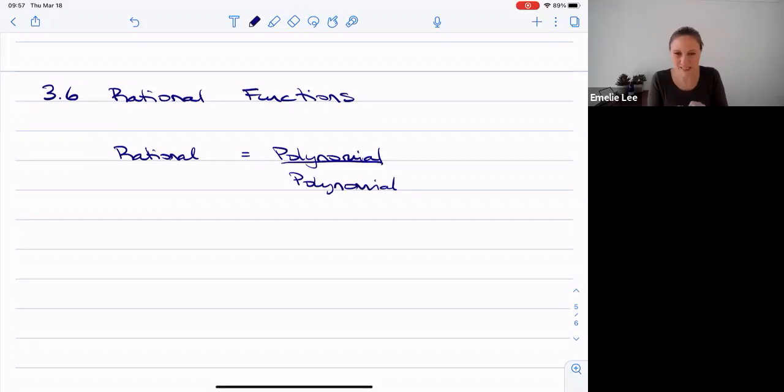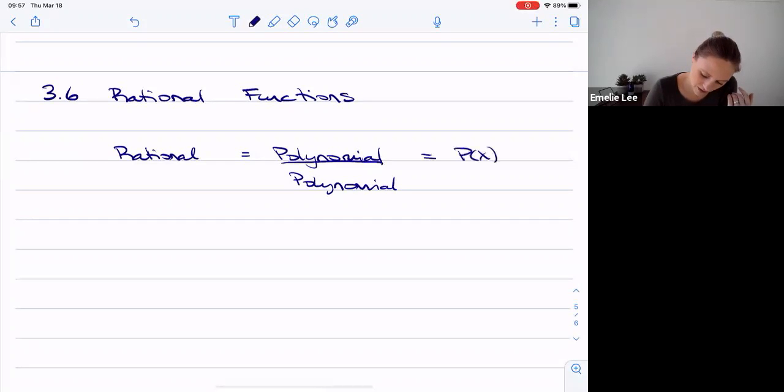And like I defaulted to earlier, usually we'll use p of x over q of x. We use p and q typically to denote polynomials. P is obviously polynomial, and I don't know why we use q, but it's no longer the quotient, it's its own thing.